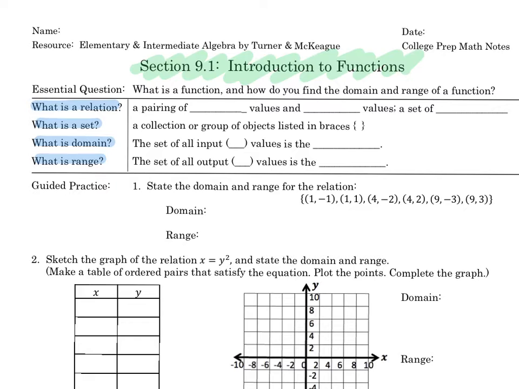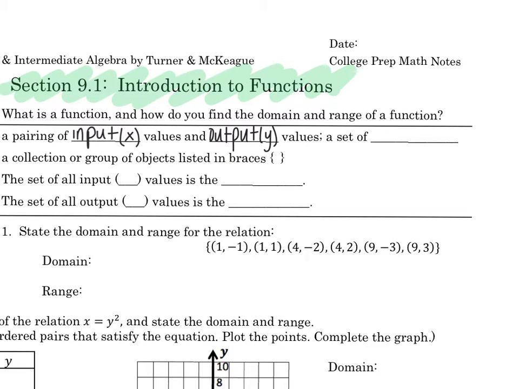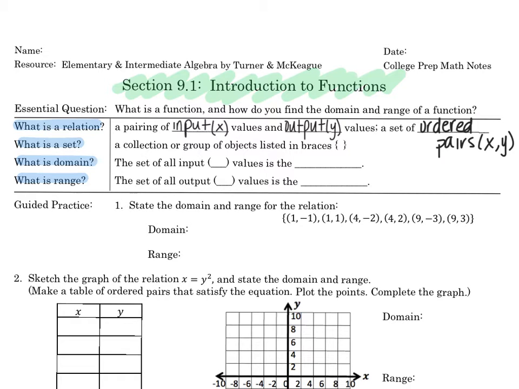So, a relation is a pairing of input, so X values, and output, so Y values, and it is a set of ordered pairs, which we know are X and Y. A set is a collection or a group of objects listed in braces.